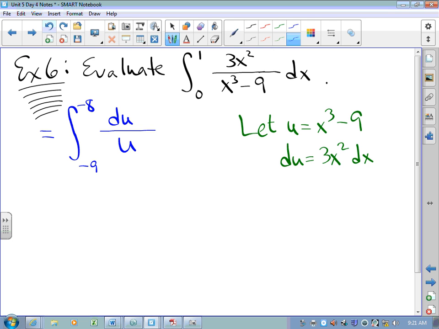Well, what's the antiderivative of 1 over u du? It's the natural log of the absolute value of u from -9 to -8.